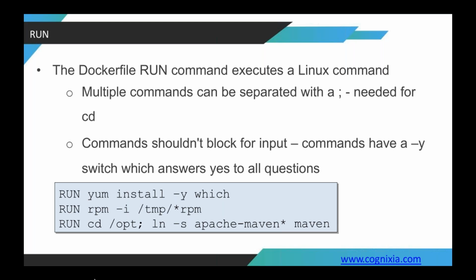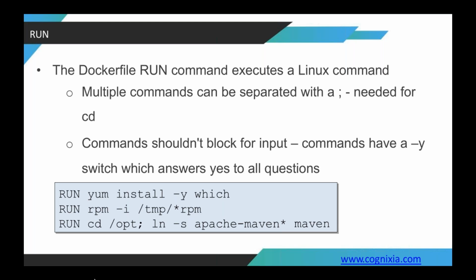Like if we are installing the which binary inside Linux, instead of going inside the container, you can use the run command and specify the command. When the Dockerfile is compiled and the Docker image is built out of that Dockerfile, all these commands are going to run automatically during that time.